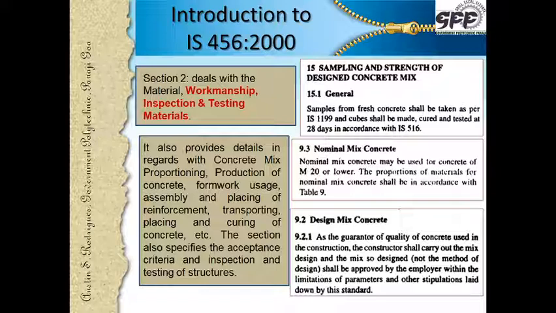We also have something called nominal mixed concrete. What is a nominal mixed concrete? It is very clear that nominal mixed concrete may be used for concrete of M20 or lower. The proportions of materials for nominal mixed concrete have been given in a table. So for M20 or lower only we can use.